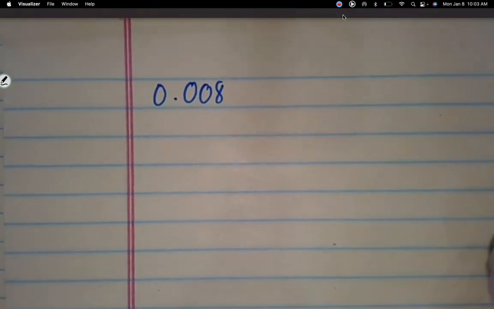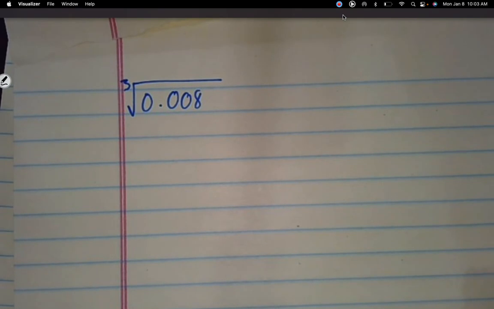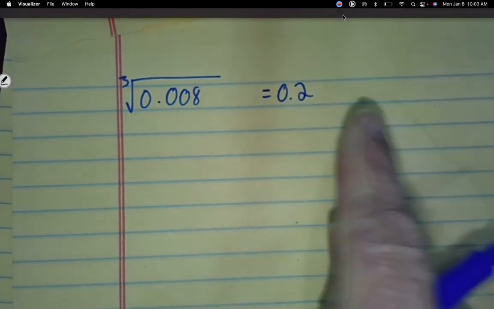I can write it like this: the cube root, with a little 3. How many answers are there going to be? Just one answer. If you don't know it, put it in your calculator. So, what is it? It's 0.2.